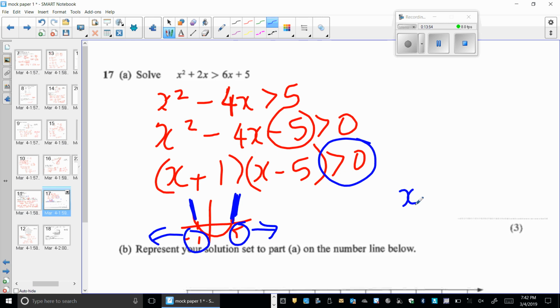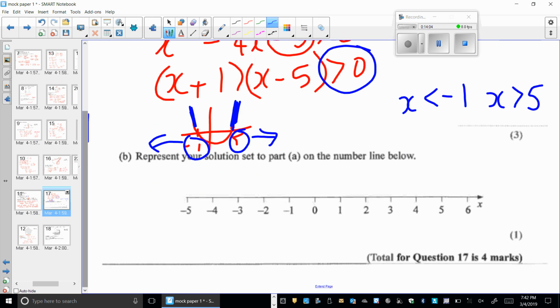In other words, x is less than -1 and x is greater than 5. Represent your solution on here: less than -1, greater than 5. Remember, they're open holes because it's not equal to.